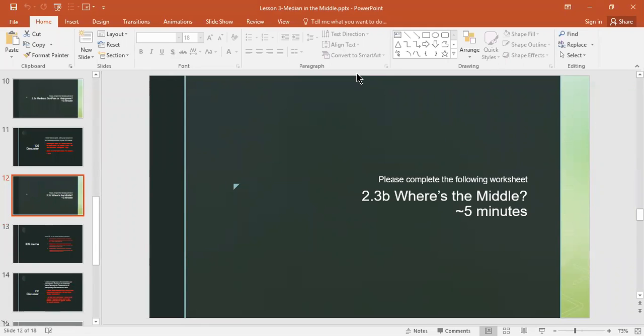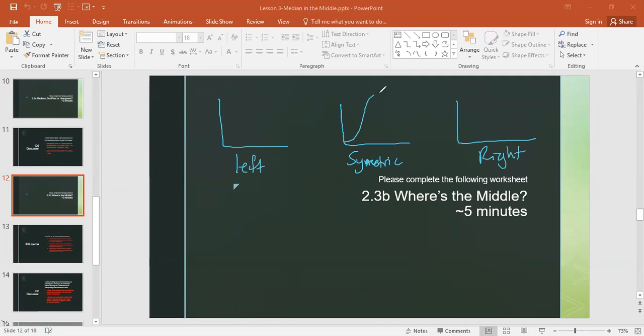If you remember, when we did our histograms lesson, we had right skewed, left skewed, and symmetric data. I want you to remember what each one looks like. Symmetric is more centered, where you have a tail on each end.